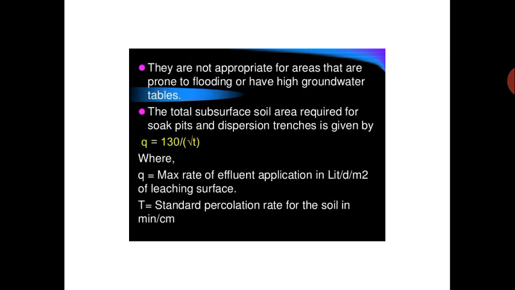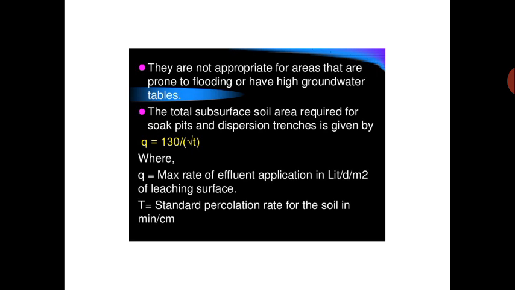They are not appropriate for areas that are prone to flooding or have high groundwater tables. As I already said, if the percolation rate or the permeability of the soil is very high, whatever wastewater is there is going to come in contact with the soil and enter the groundwater itself.